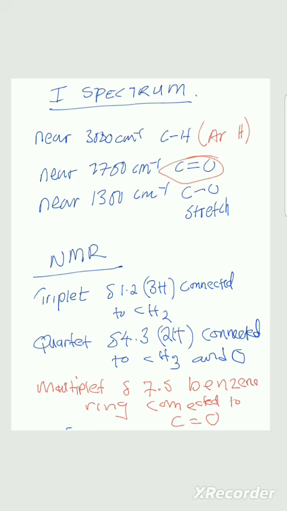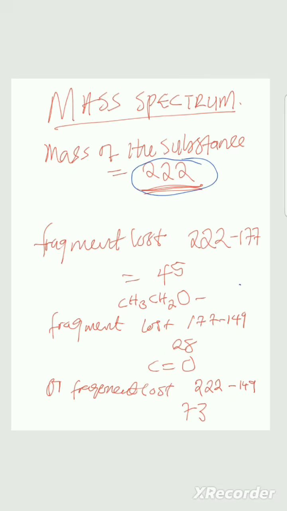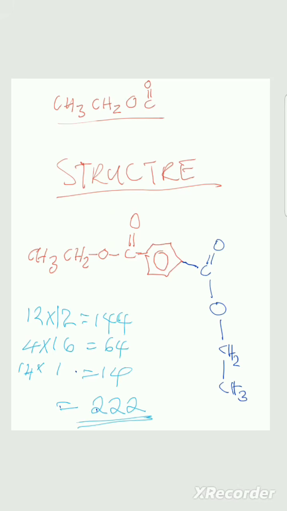Even on the question, when you check, that is 222 there. So this proves that you have answered this question correctly. This is what they wanted us to do, to work out the molecular structure of this drug molecule. Yeah, so you know mass spectroscopy is used in drug analysis in pharmacy.